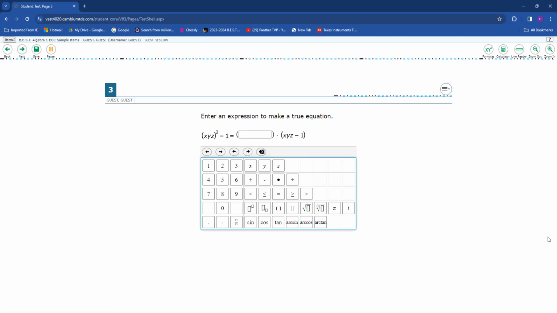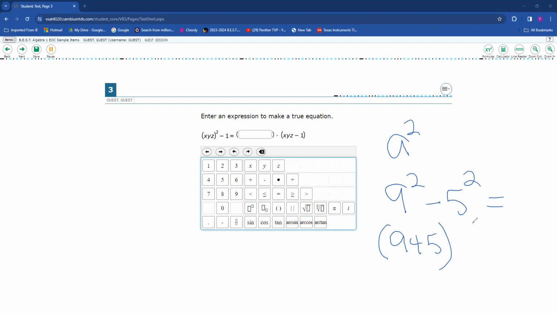All right, the difference of squares. So it says that any number squared, a squared, let's do even 9 squared, subtracted by another perfect square, such as 5 squared, is going to be the same as the square roots when we add 9 plus 5, and when we subtract 9 minus 5.